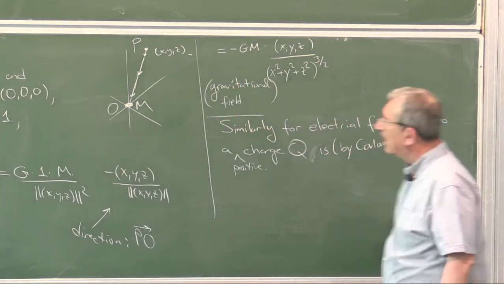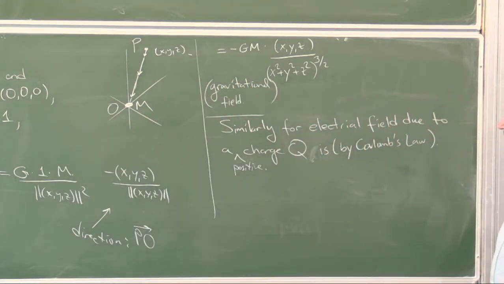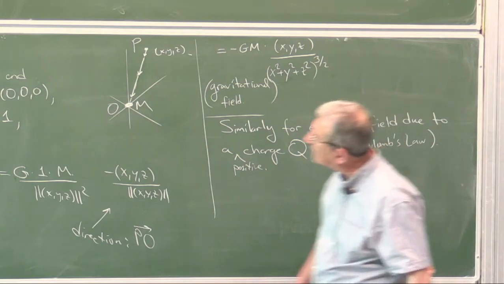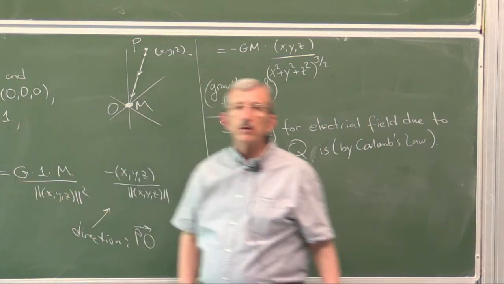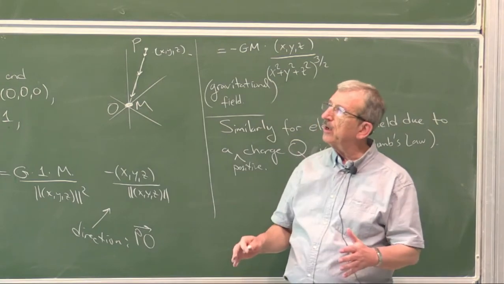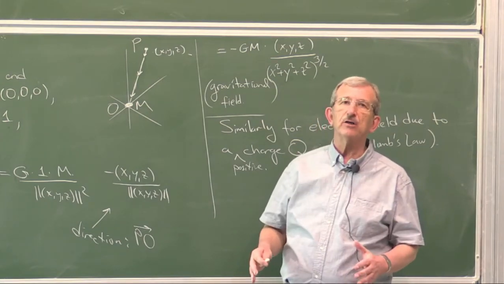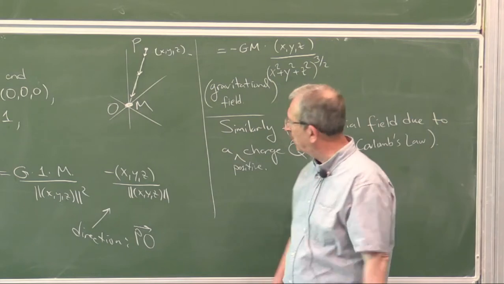But this time, what do we put instead of small m equal to 1 here? Well, we put, by convention, a unit positive charge.